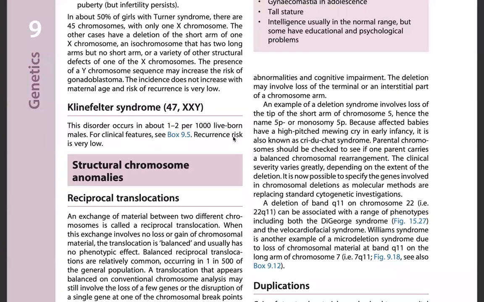Balanced reciprocal translocations are relatively common, occurring in 1 in 500 of the general population.